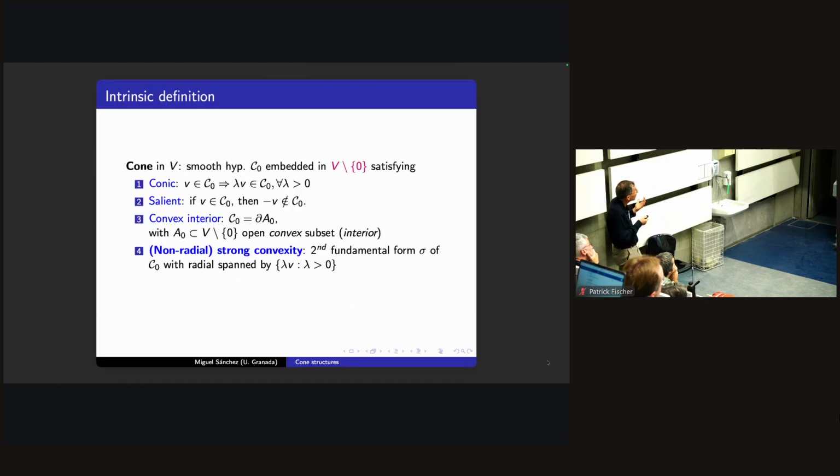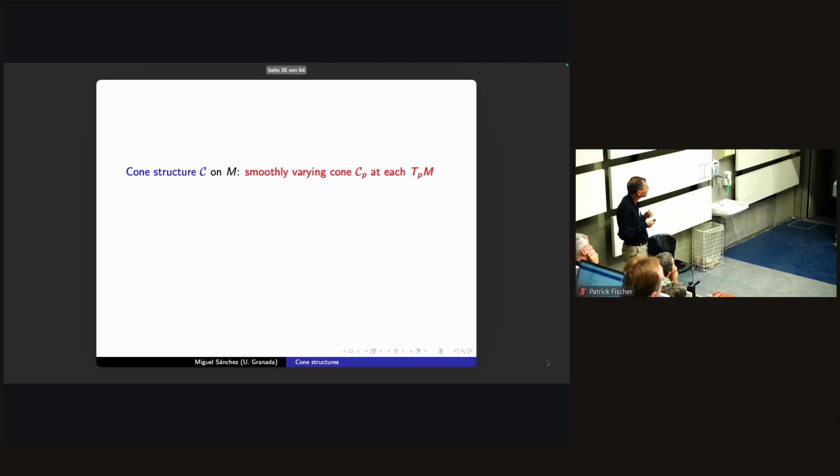In general, a cone has a definition, and the important point for us is that the cones will be strongly convex, in the sense that the second fundamental form is positive definite, except in the radial direction. And they are always constructible as before.